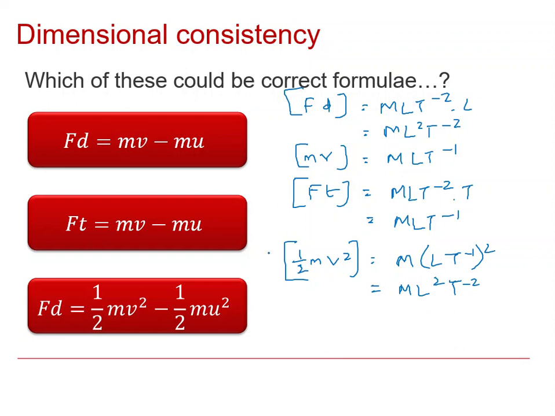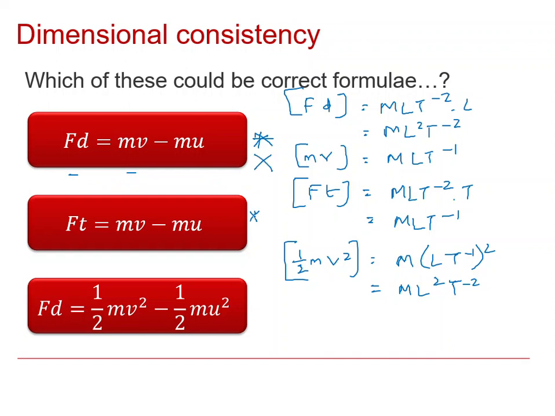Okay, now armed with that information, let's check the equations one by one. If we take the first equation, which I'll mark by 1 asterisk, check the Fd term, it's ML squared T to the minus 2. The mv term, however, is MLT to the minus 1. So you've got a dimensional inconsistency there. We don't need to go any further. That one can't be correct.